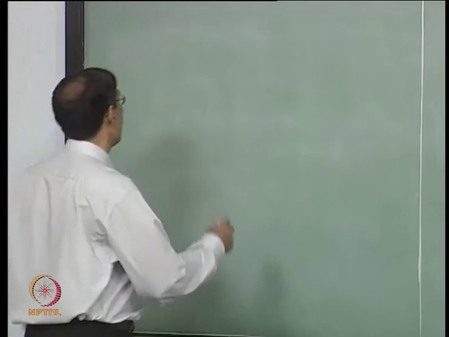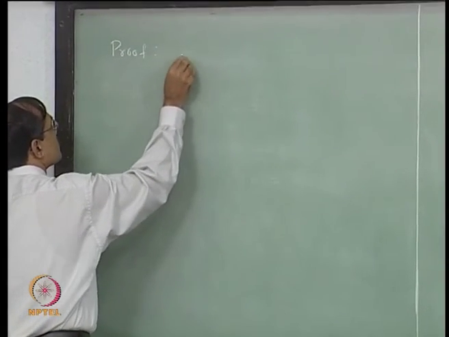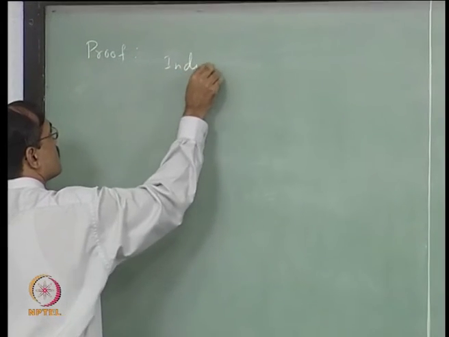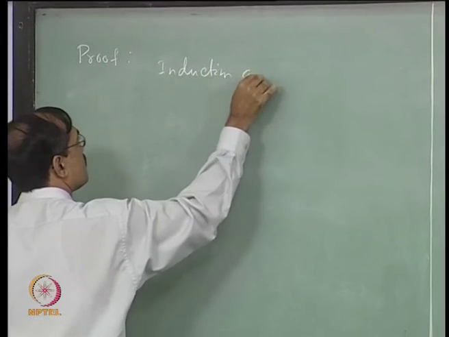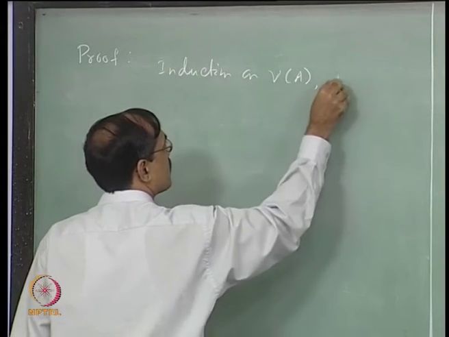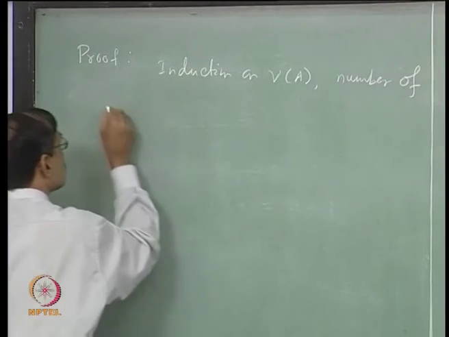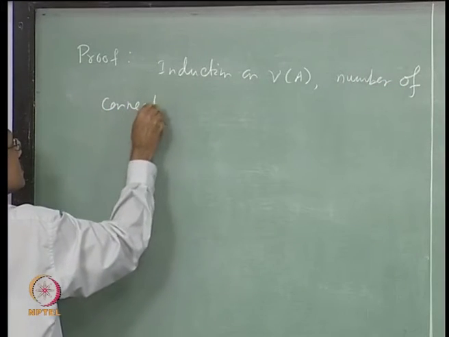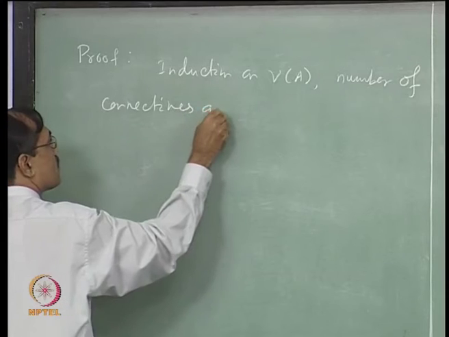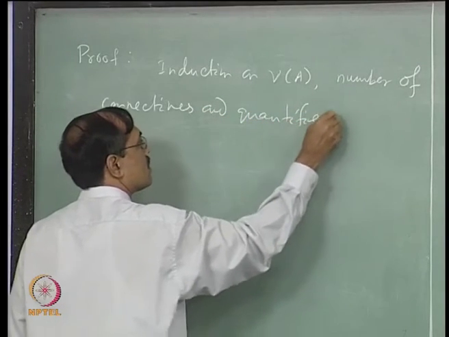Suppose that is nu A. So we use induction on nu A. This is the number of connectives and quantifiers in A.